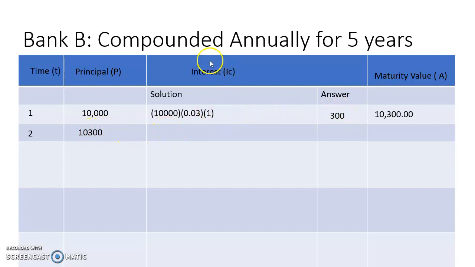Para makuha natin yung interest sa pangalawang taon. Okay? So, ito yung sa first year plus sa computation ng interest sa second year, ito yon. Tapos, pagsasamahin natin ito, that would be 609. Okay. So, the maturity value after 2 years compounded annually is 10,609.